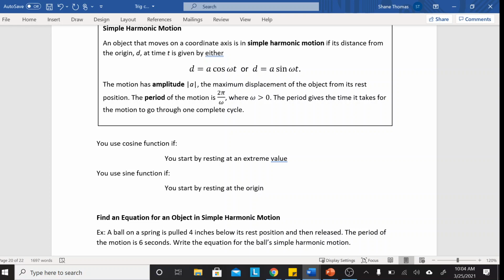Same as when we graph sine and cosine. Sine starts at the origin and either goes up or down. Cosine starts either at the top or the bottom. All right.